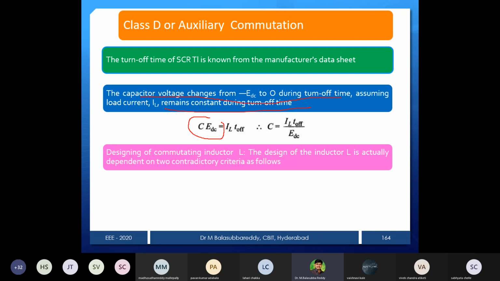So the Q equals CV formula: you can write C equals Q by V. What is Q? I into T, where I is the load current. So that will give you the C value directly.